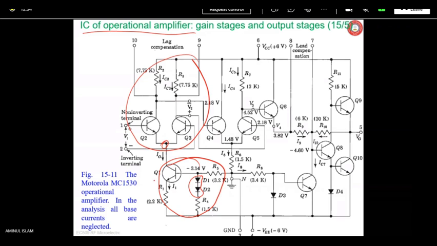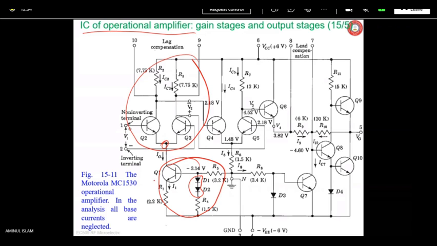Now we have seen MC 1530 from Motorola. But internally of this we studied.